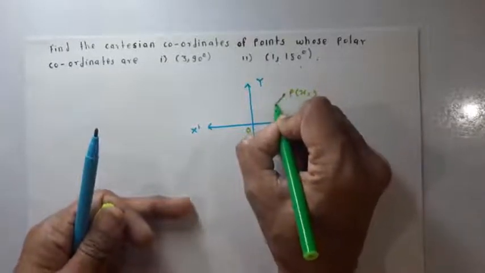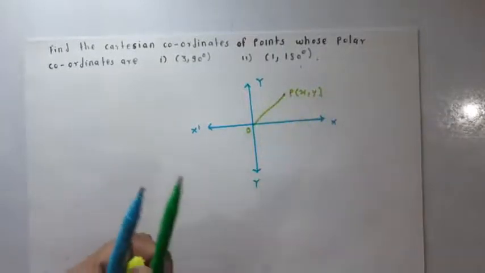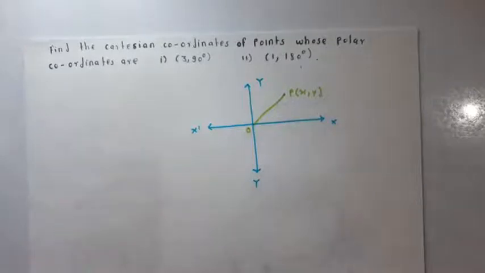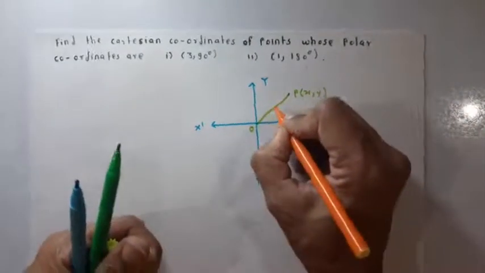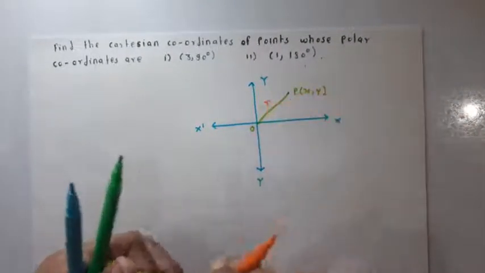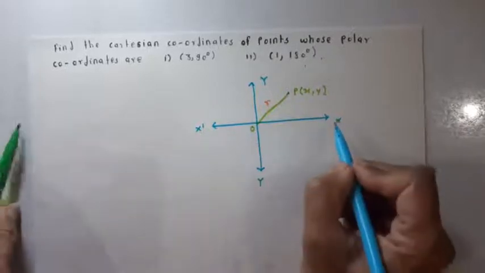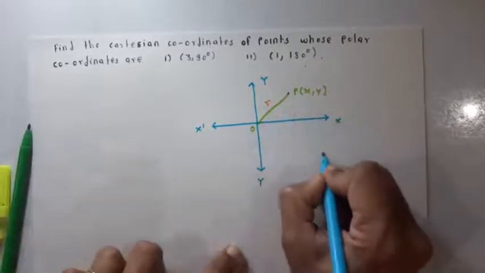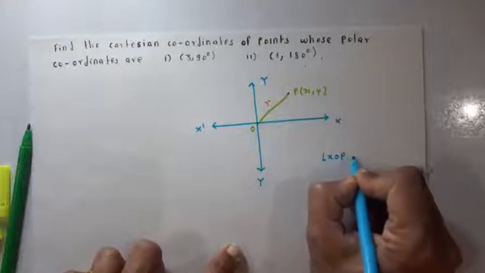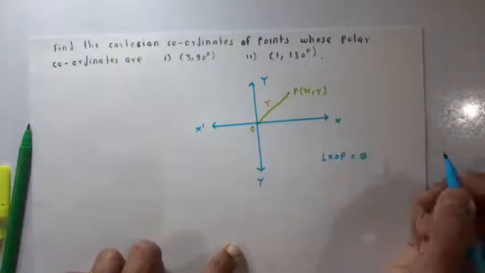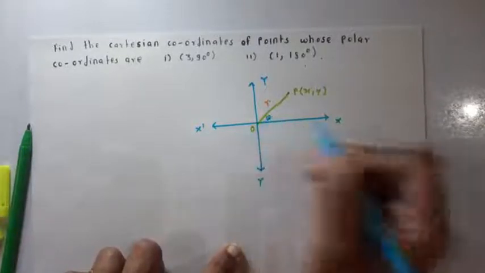The distance OP is r. Angle XOP is theta.